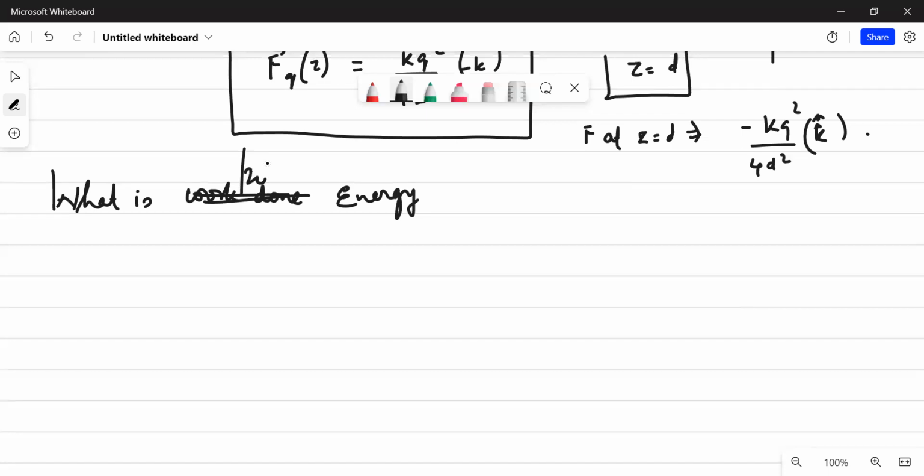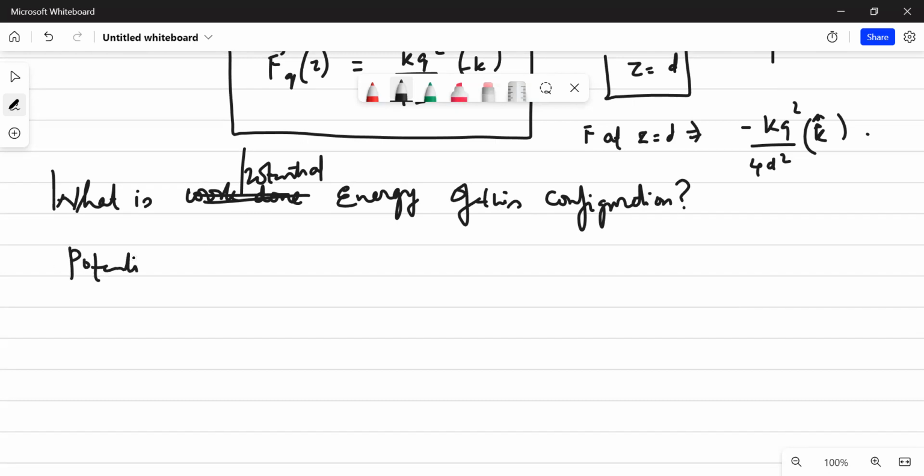What is the potential energy of this configuration? Now, how do you think that your potential energy is defined? I have not done electrostatics yet, we'll do it later. I thought that is something that you know already, so I have not done it. I'll do it someday.